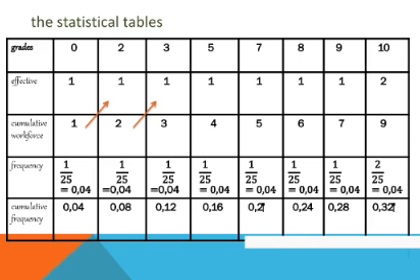Grade 5: effective 1, cumulative workforce 3 plus 1, frequency 0.04, cumulative frequency 0.16. Grade 7: effective 1, cumulative workforce 1 plus 4, frequency 0.04, cumulative frequency 0.2.